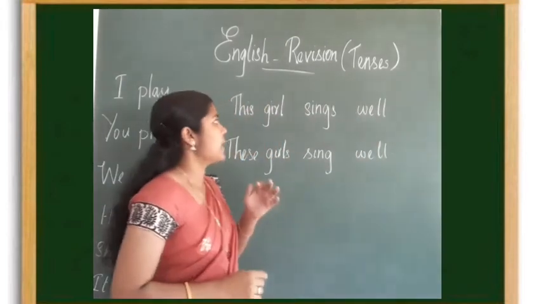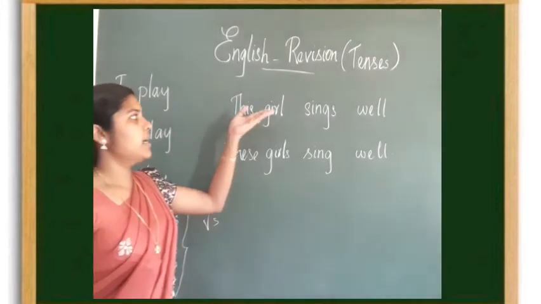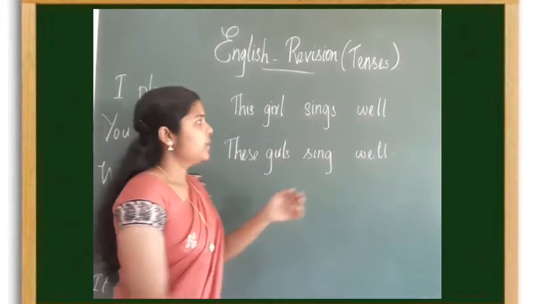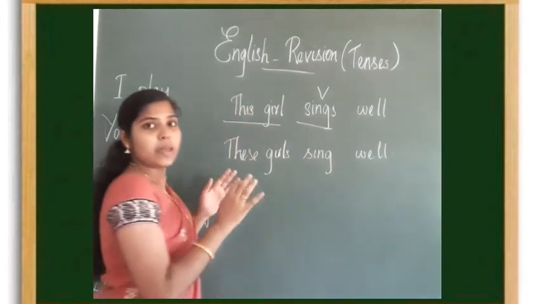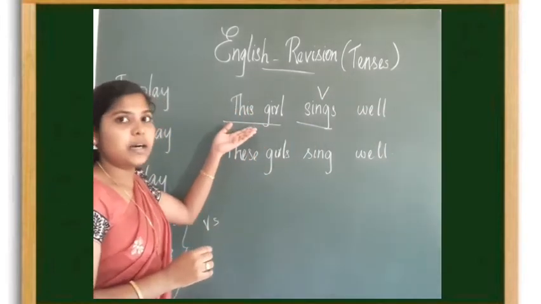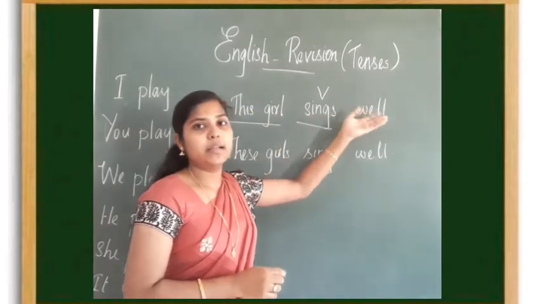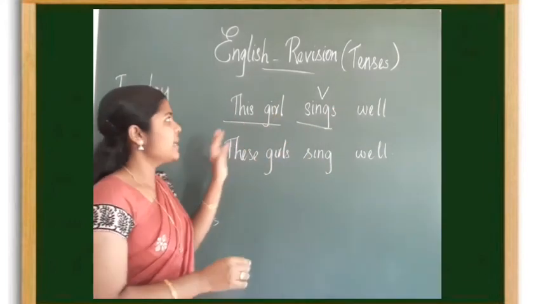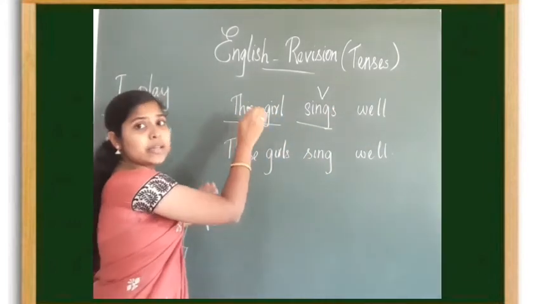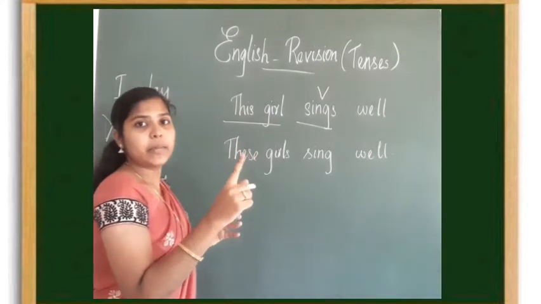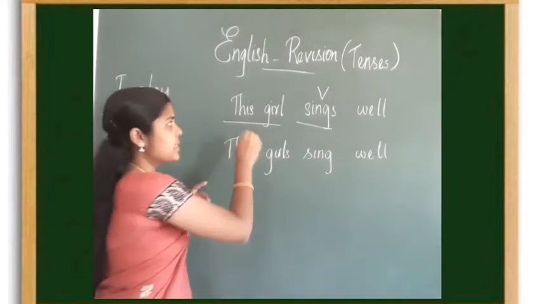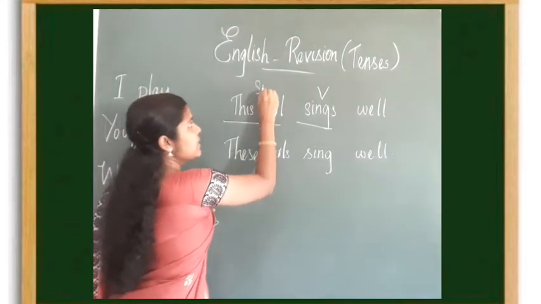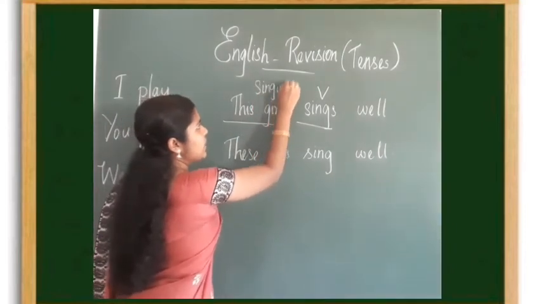Now come to these examples. This girl sings well. This is the subject, this is the verb. Am I right? This girl is indicating third person singular. One girl. So the subject here is singular.